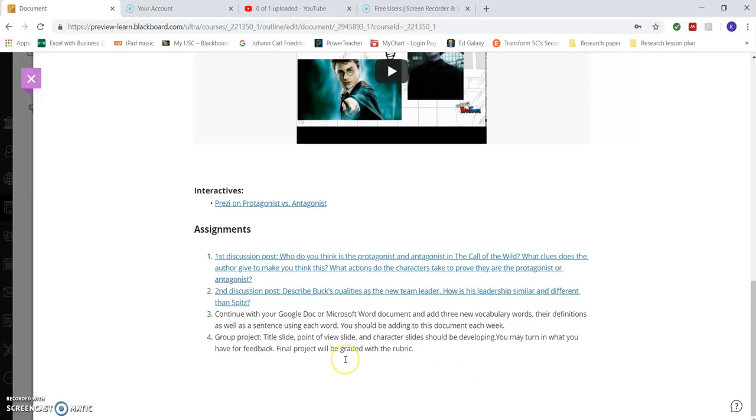If you would like feedback on your presentation, then send me a link to look at. If you need help creating a link, let me know, and I'll be happy to help you. Use the rubric to help you, and your final project will be graded using that rubric.